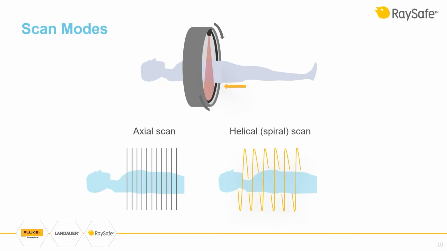A more modern approach is not to make a full rotation before the patient is moved. In the helical or spiral approach, the patient is moved continuously through the machine as it rotates. The patient moves the same distance, but in a shorter time.